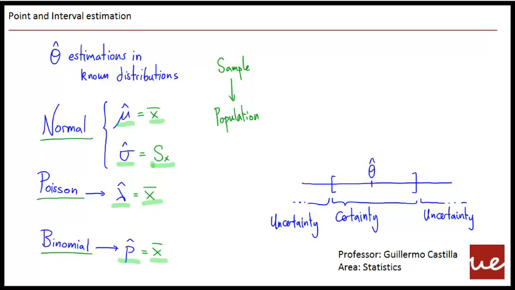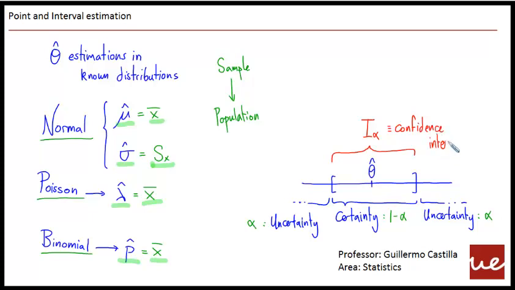We know that there's a certain amount of uncertainty that our variable can fall outside that interval, and there's a certain amount of certainty that it can fall in the interval. So we're trying to calculate now intervals that give us a percentage of probability of the population variable actually being inside that interval. So what we're going to try to do now is create confidence intervals.